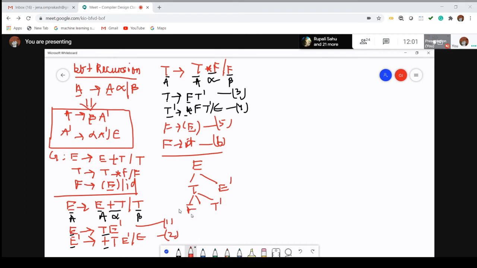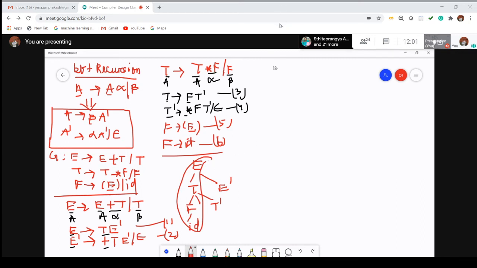From F, either you can go for ID or you can go for the left parenthesis. Now you can check, is there any repetition over here? No, there is no repetition. E2 T, then T2 F, F2 ID. Similarly, you can go from the right hand side also. In that manner, you can remove the left recursions.